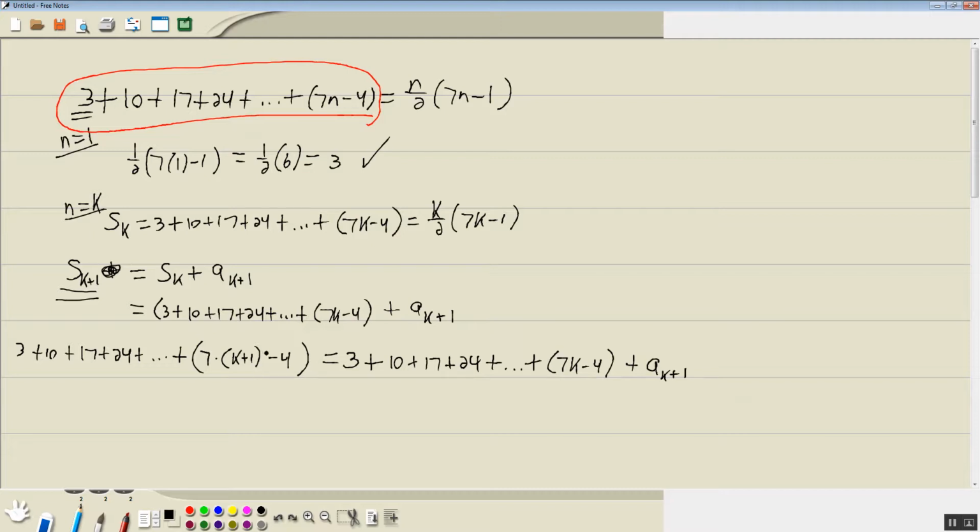Okay. Now, since this right here is equivalent to plugging in k plus 1 for the n over here, I'm going to have k plus 1 over 2 and 7 times k plus 1 minus 1 equals, and this part right here, let me demonstrate this. I replace this by plugging in k plus 1 on this side.